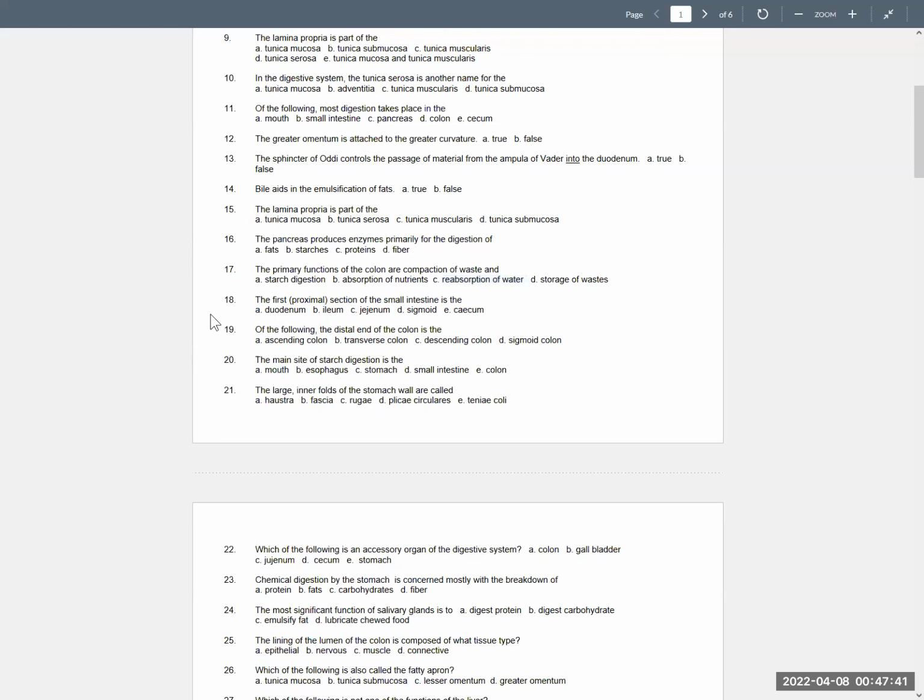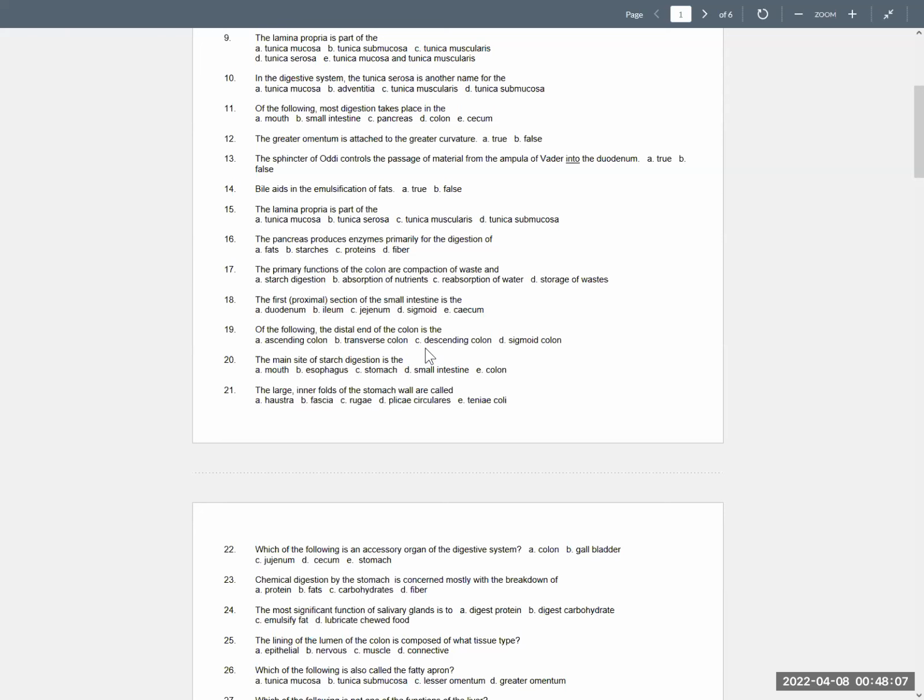Now, this one, I put the word proximal in parentheses to not hear somebody say, what do you mean by proximal section? Or what do you mean by first section? They mean the same thing. First part of the small intestine is the duodenum, then the jejunum, and then the ileum.